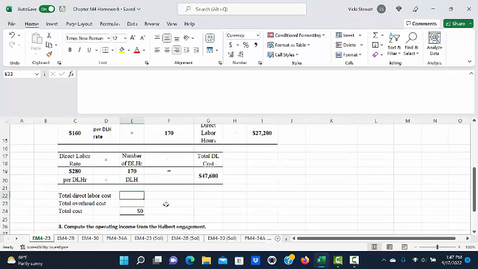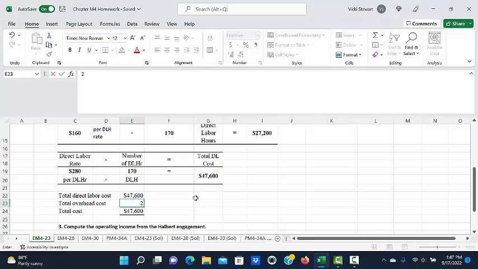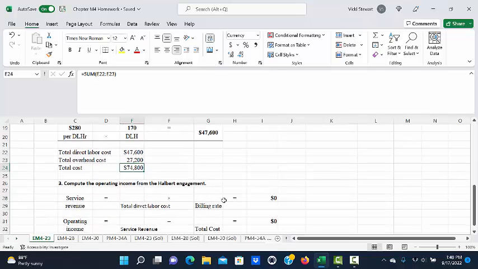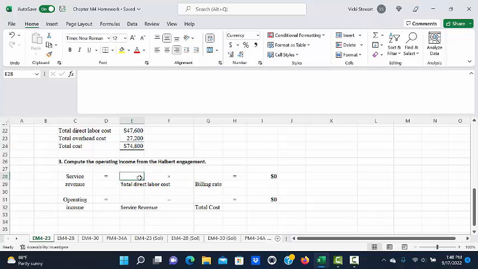To determine the total cost for the engagement, we take the $47,600 of direct labor cost and add to that our allocated overhead cost of $27,200, and that gives us a total cost for the Halbert engagement of $74,800.